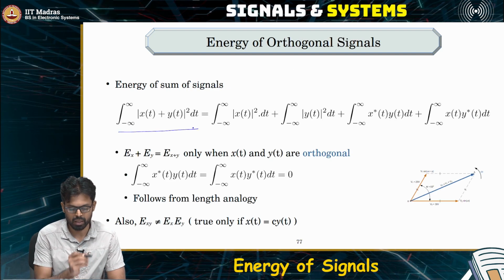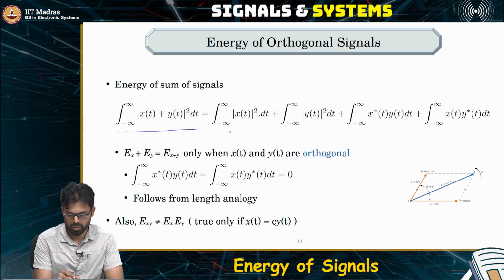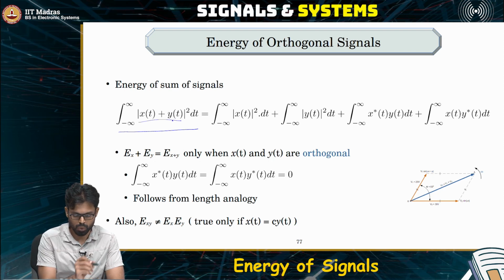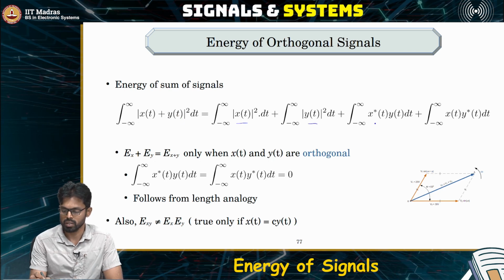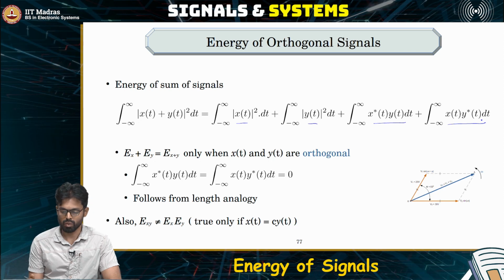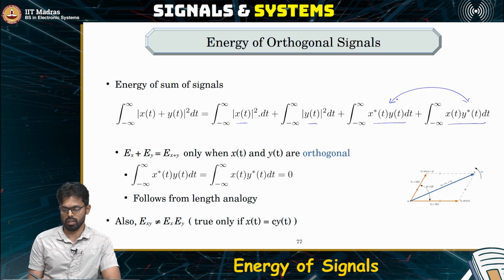So let's say we are adding up these two signals. The energy of this additive term is basically expanded into these four different integrals. All you have to do is just square this out. If you square this out, you get the individual squares plus these cross terms, right? If you remember the definition of orthogonality, this is exactly the definition of orthogonality that we had here.